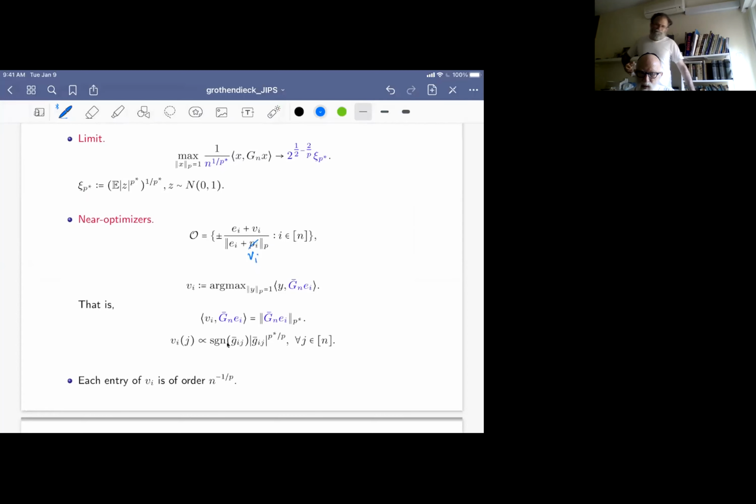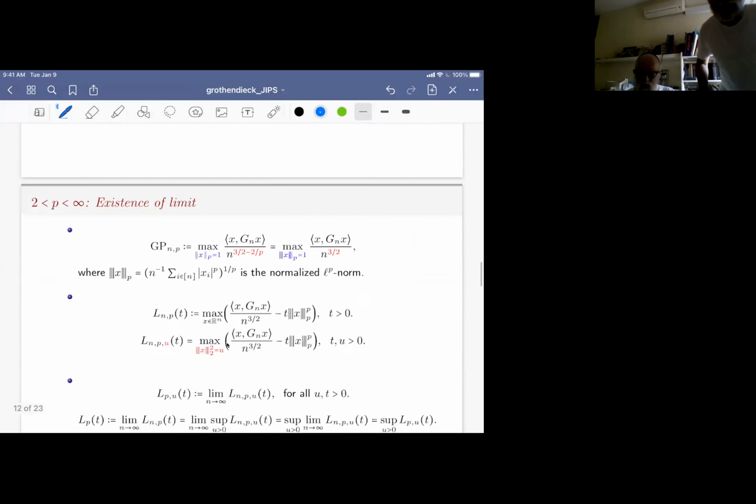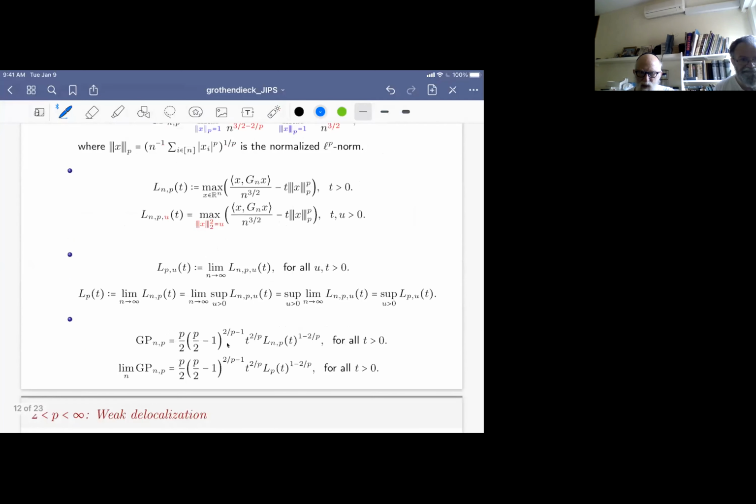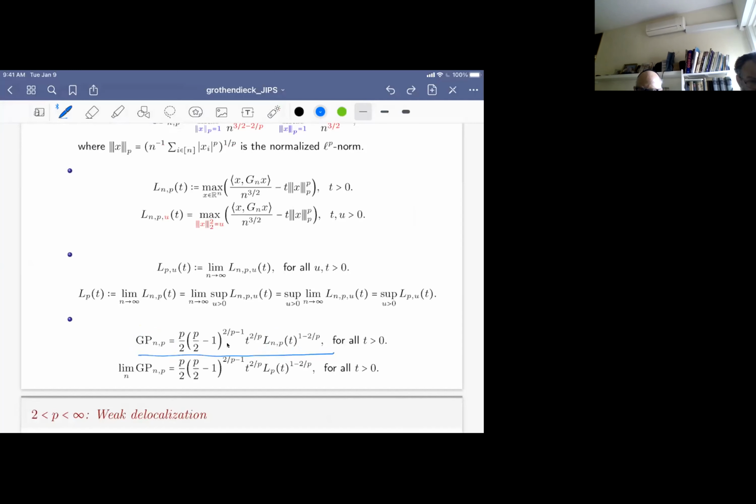When p is bigger than 2, we have this connection not only in the limit, but also in finite n. This is the Lagrangian function, and this is our rescaled Grothendieck problem. To show that the left hand side has Gaussian fluctuation, all we need to show is that this Lagrangian function has Gaussian fluctuation.